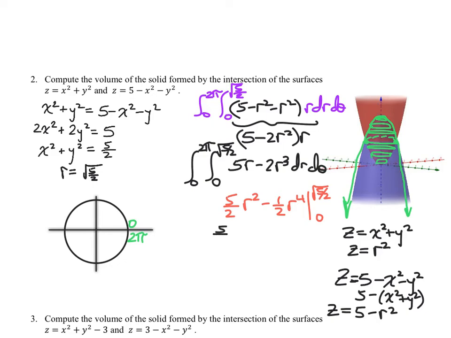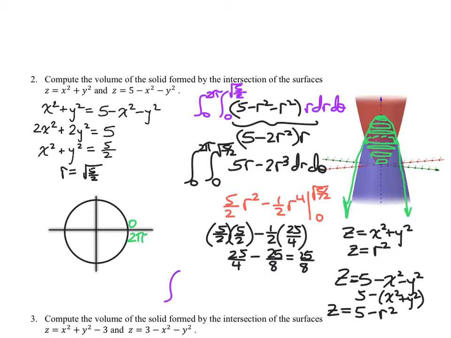So 5 halves times 5 halves minus 1/2 times root 5 over 2 squared becomes 5/2, squared again becomes 25 over 4. Bottom line is, it's not radical anymore, so that's a win. So we're talking 25 over 4 minus 25 over 8, which is 25 over 8.